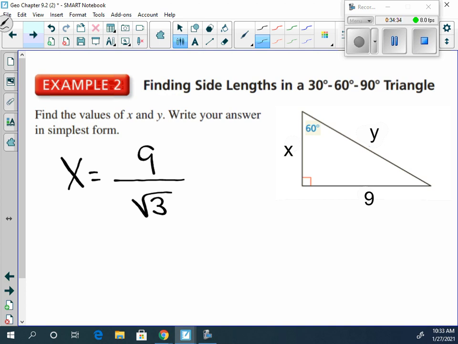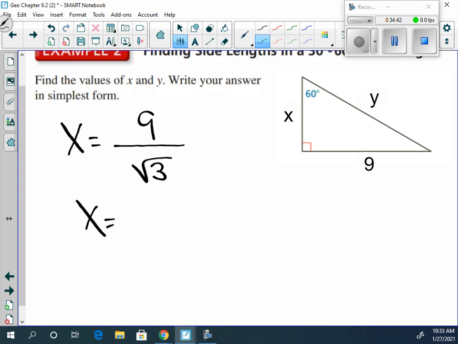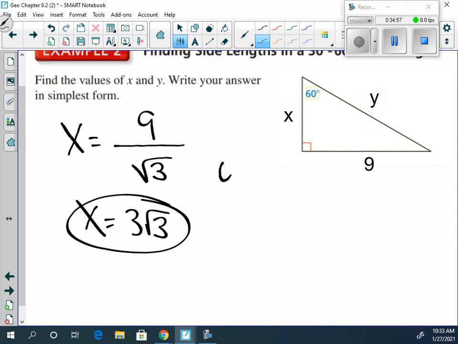Well, no, we just take whatever that length is and divide it by the square root of 3 to get the shortest side. Now, 9 divided by the square root of 3 is 3 square root of 3. We're given the shortest side length. Well, to get the hypotenuse, we're going to multiply it by 2.